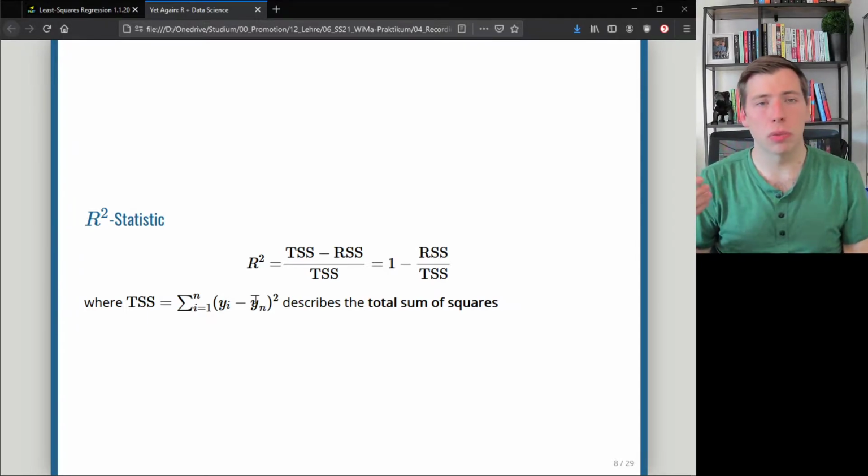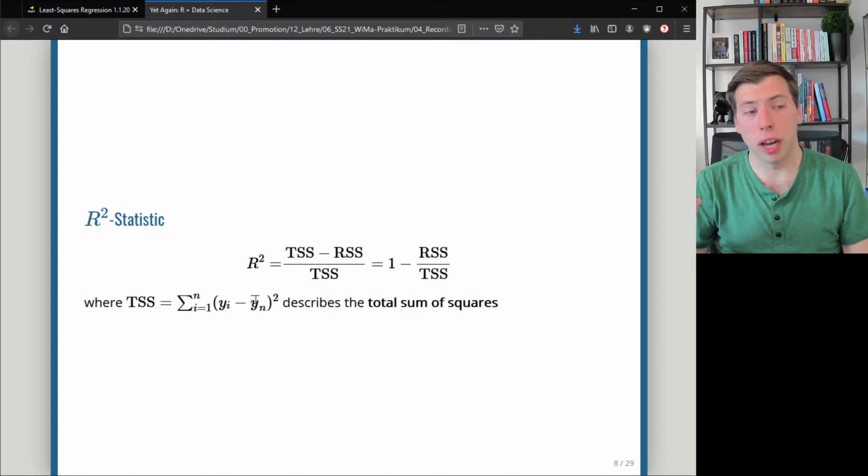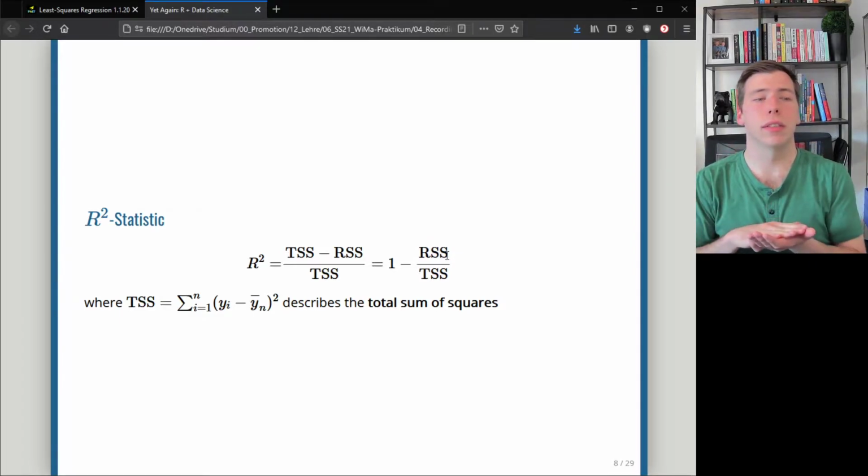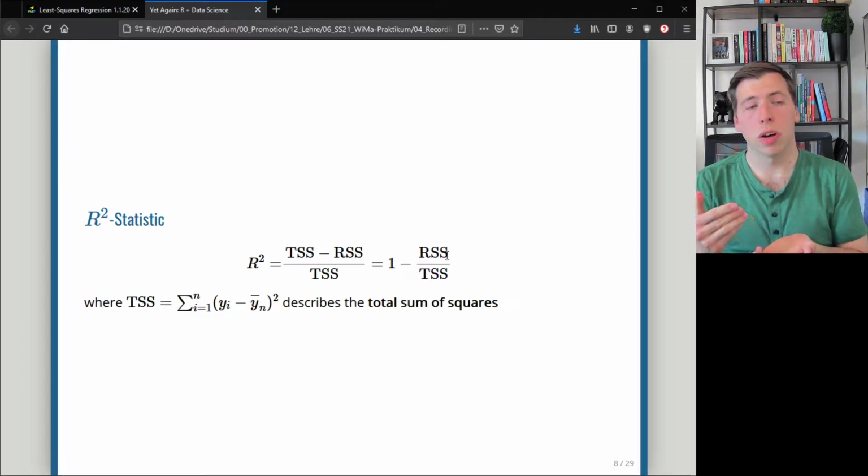So the total sum of squares is basically n minus 1 times the sample variance with respect to the observations of y. Similarly, the residual sum of squares is n minus 1 times the sample variance of the residuals.